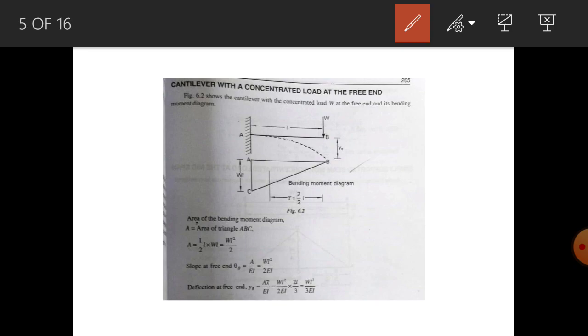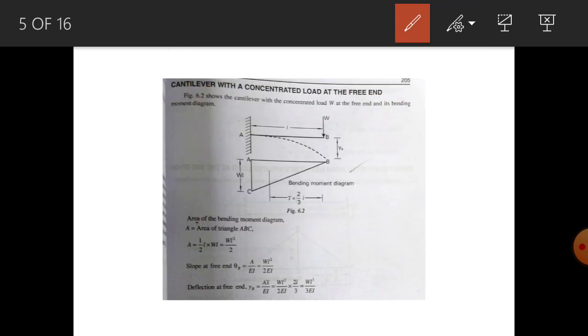Then how to calculate deflection now? It's very easy. Same, we have to calculate the area. Half base into height, that is your area, WL square by 2, into x, that is the center of gravity distance from the point where you want the deflection.